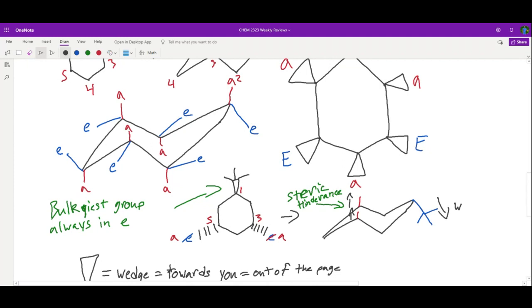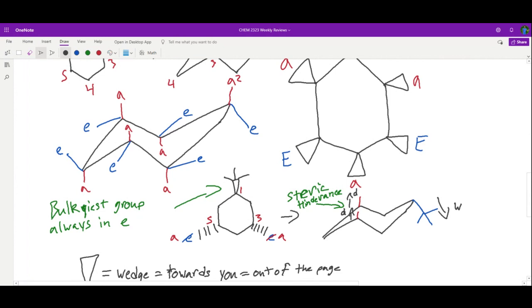So this was a wedge, and these two were dashes. So dashes were facing up, and wedges were facing down, okay? And I'm not sure if that stays universal through any example, but the point is your dashes are going to be in the same direction, and your wedges should be going in the same direction.